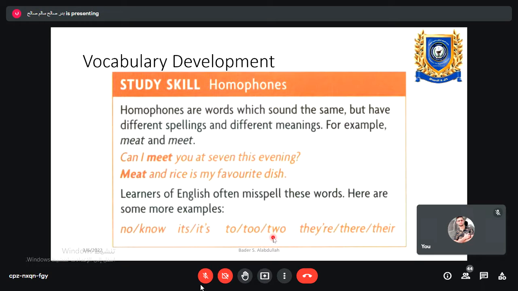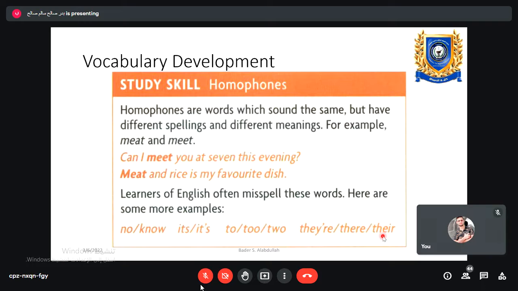All right. What about their, there, and they're? The first one, their, as in their home. The second, there, means هناك. There refers to the place where something is.